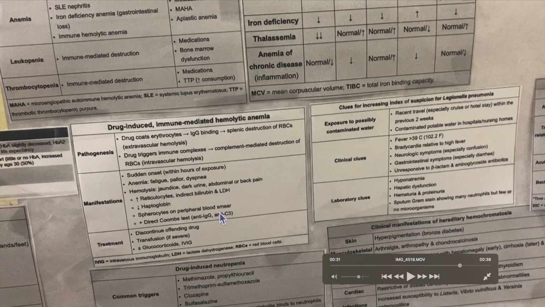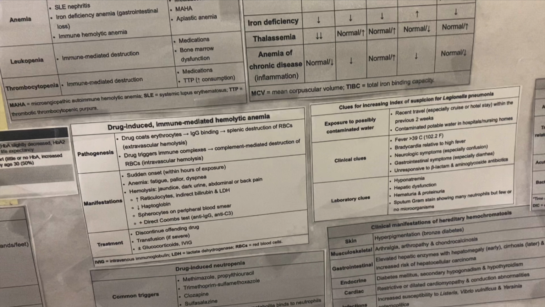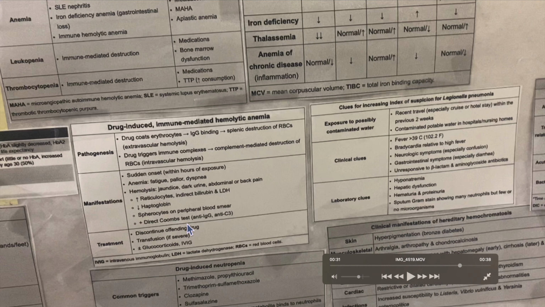Spherocytosis on peripheral blood smears. Okay. And that's usually a sign of splenic infarction or whatever, right? Or any type of damage to RBCs. And direct Coombs test, that is just a test that tells you that there are antibodies against the RBCs. That's what that test is for.